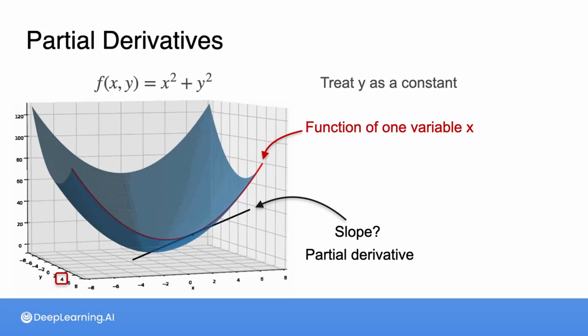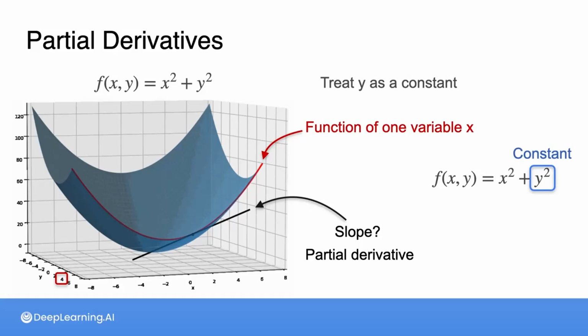Well, it's very simple. Let's take the formula for the function, f of x y equals x squared plus y squared. Since we fixed y, and it doesn't really matter what value we fixed it to, we are treating y as a constant. So when you differentiate this function, now it is only a function of x.